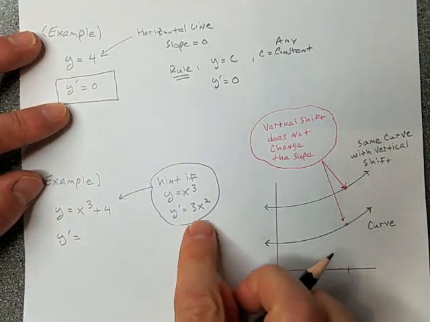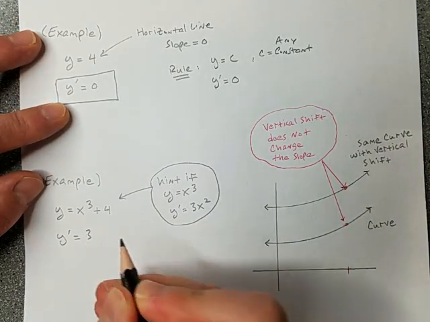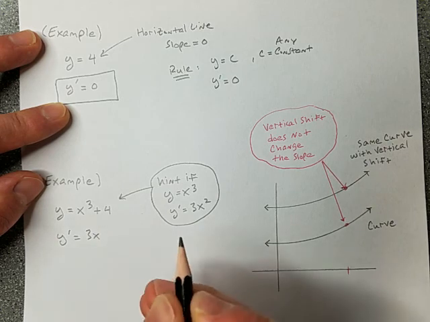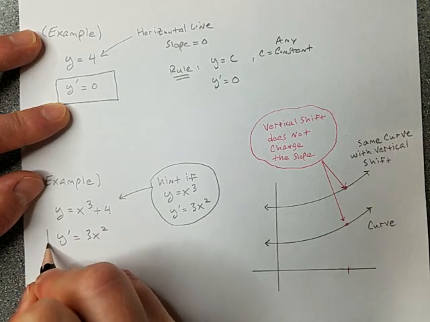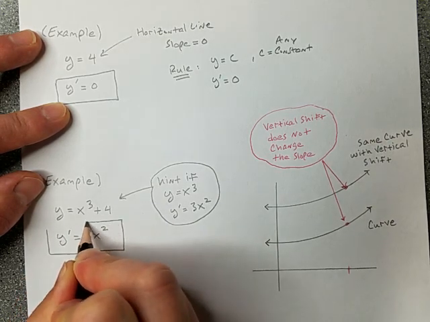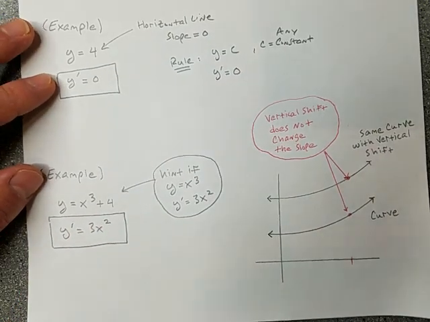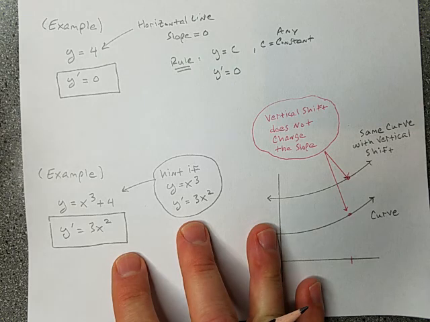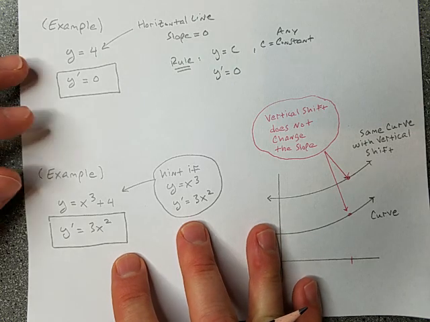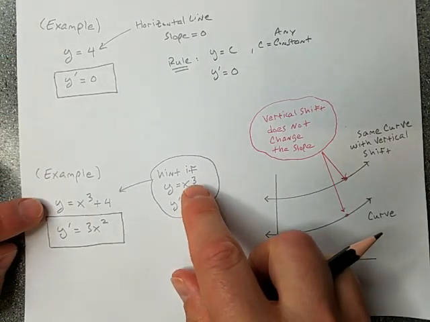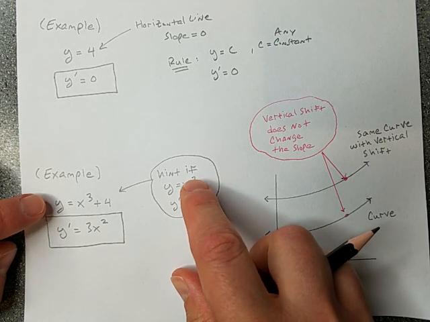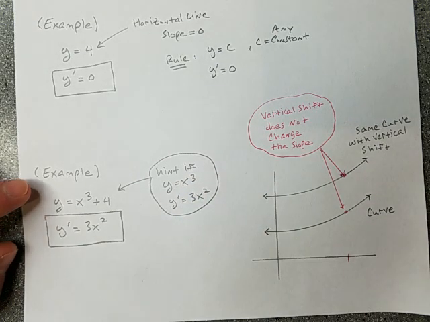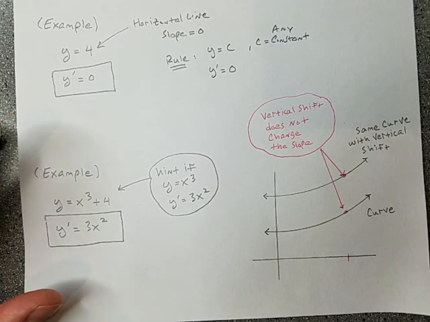So y prime's the same, okay? Between two curves whose only difference is a vertical shift somehow up or down from each other, they have to have the same derivative, because the derivative, again, tells you the slope of the curve, and the slope of these two, point for point, is no different, all right? Okay, so that's for vertical shifts.